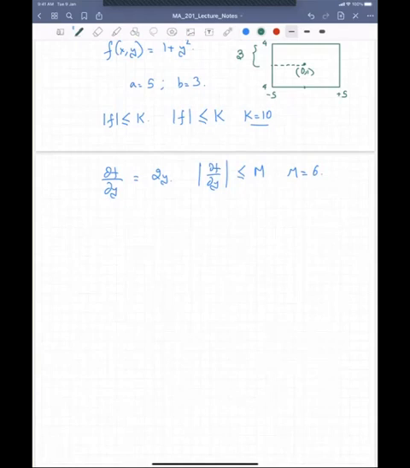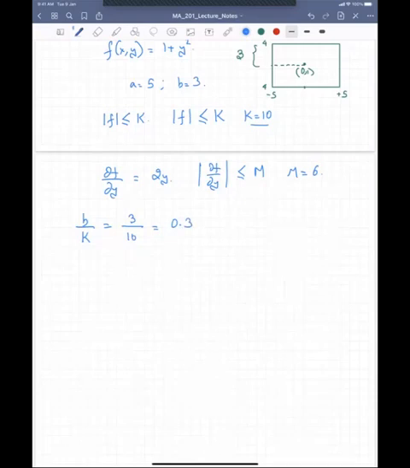So now the question is, can I claim that the solution exists anywhere inside this rectangle? Well, let us check. A is 5. And what is b over k? B is 3 and k is 10. So this is 0.3.